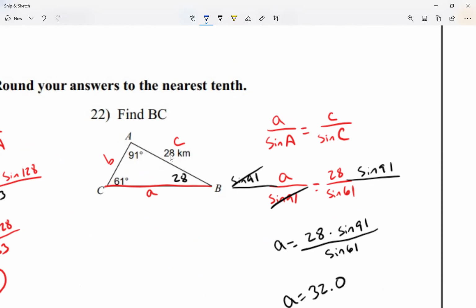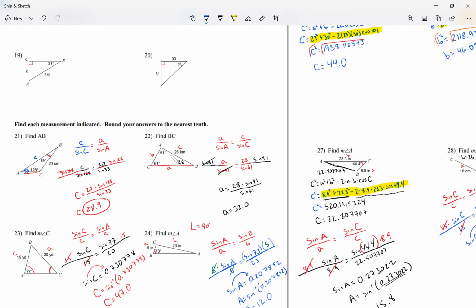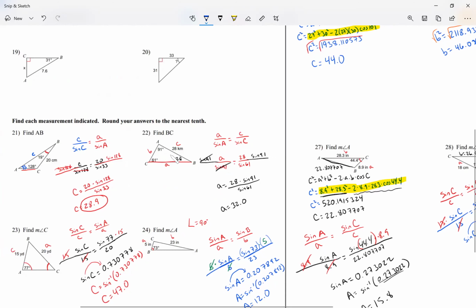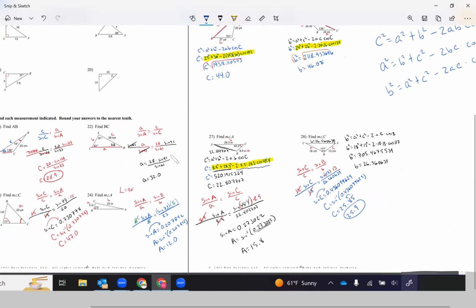The law of sines is easier, so try to rely on it. If you notice, even when we were doing number 27 or number 28, when we were doing the law of cosines, we went back to the law of sines. So let me say that again. Every time you have an angle and the opposite side, rely on the law of sines. If not, you have to use the law of cosines.